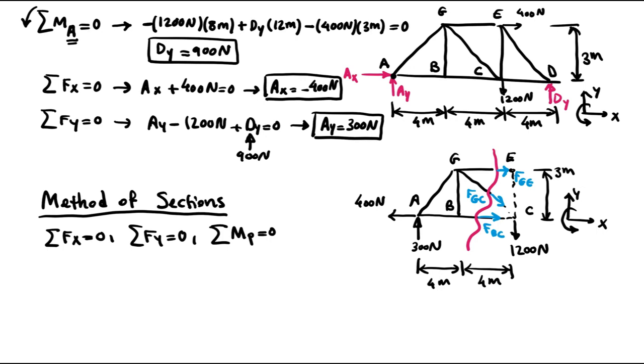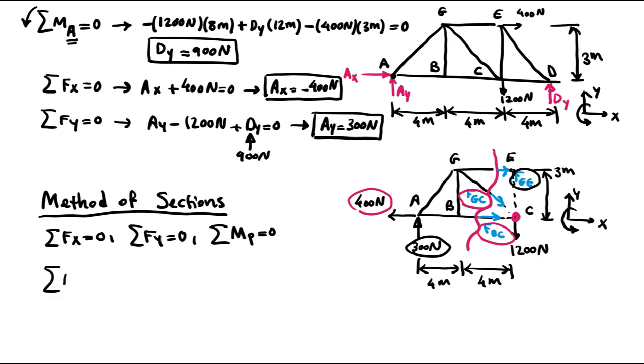I'm going to consider point C. If I consider point C, I see that the force FBC, the force FGC, and the force 400 Newton pass through point C. They are not going to generate any moment about point C. So the only forces that generate moment are 300 Newton and the force in member GE.